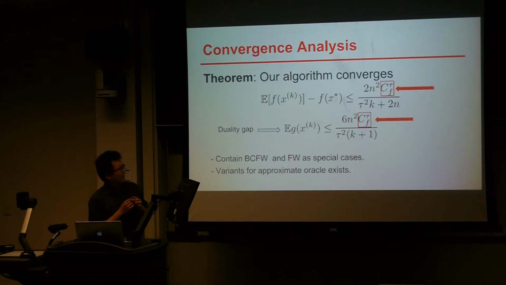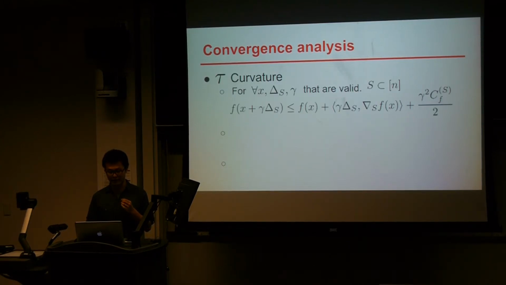But like I said, it all boils down to how large this constant C_f^tau is. I haven't told you anything about C_f^tau, but that's the actual critical part. If C_f^tau is as small as 1 over n squared, then this converges extremely fast. But that doesn't seem to be the case in our analysis.